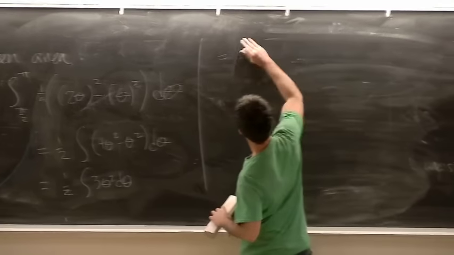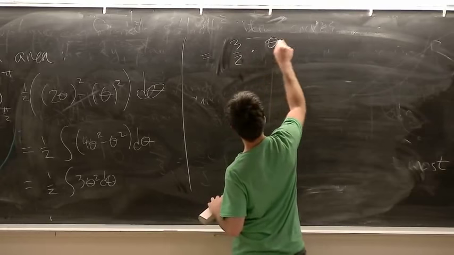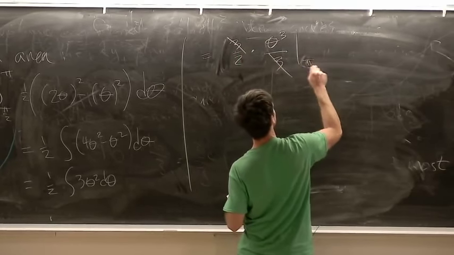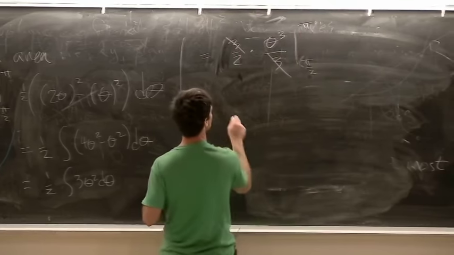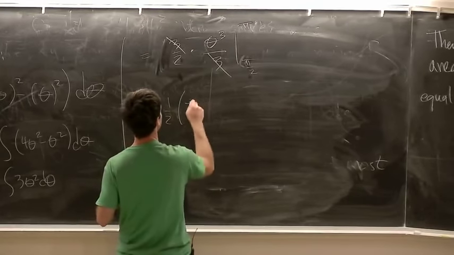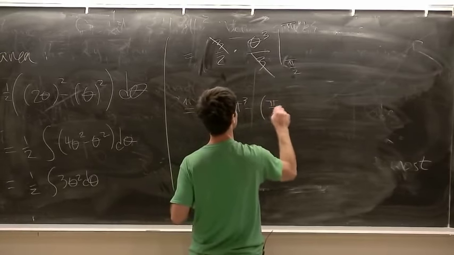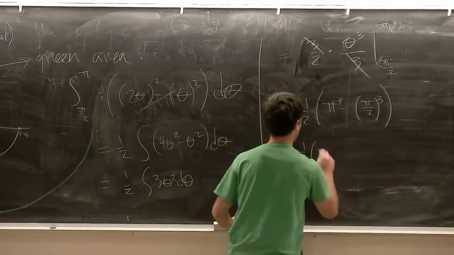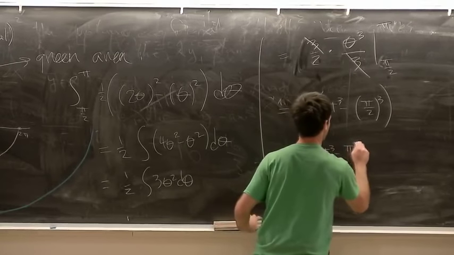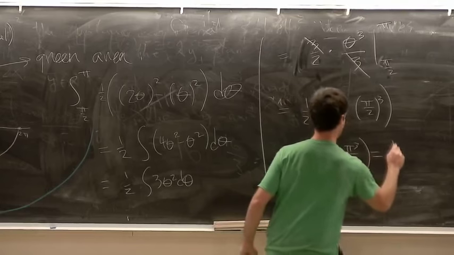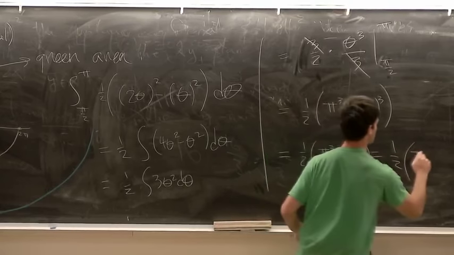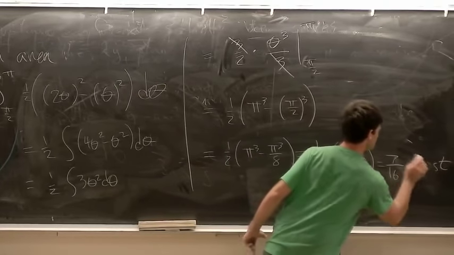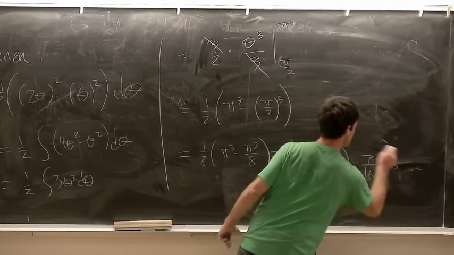So that's 3/2 times theta cubed over 3 from pi over 2 to pi, which is 1/2 pi cubed minus pi over 2 cubed, which is 1/2 pi cubed minus pi cubed over 8. That's 7/8 of pi cubed, so we get 7 over 16 pi cubed.